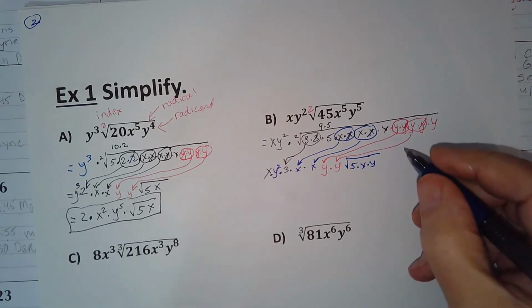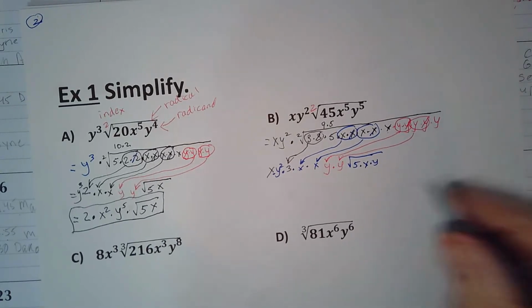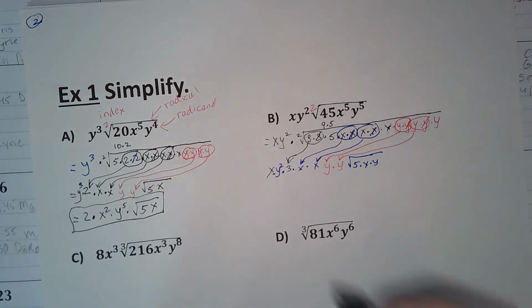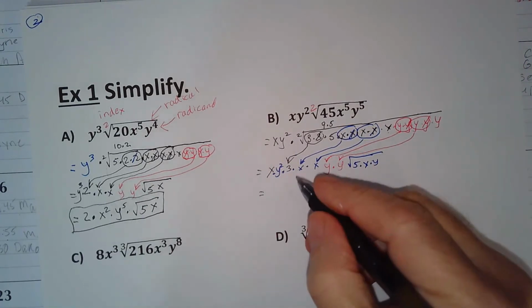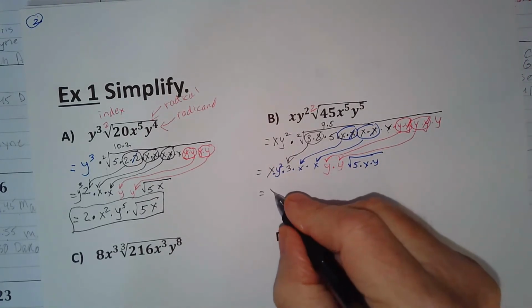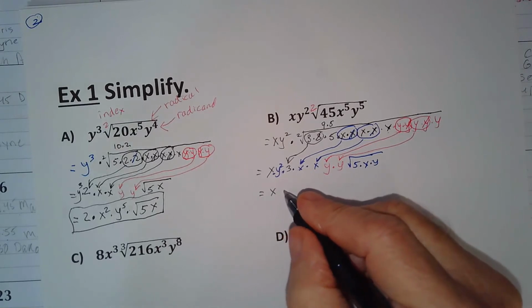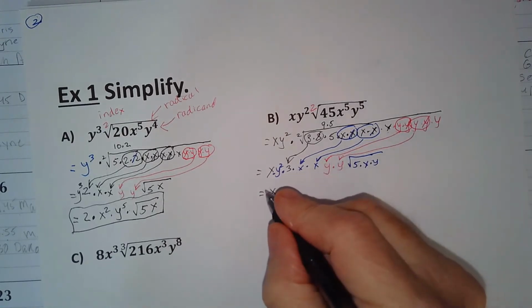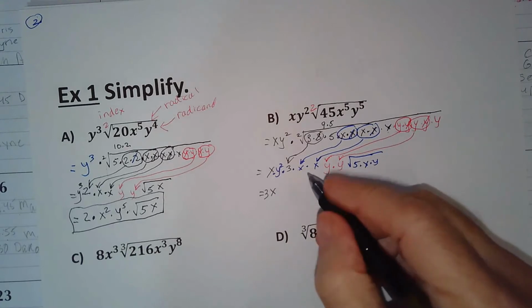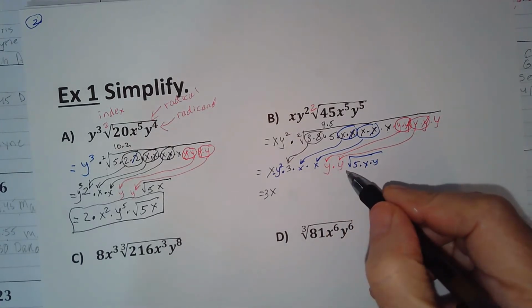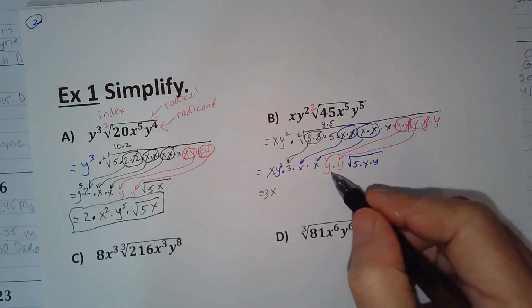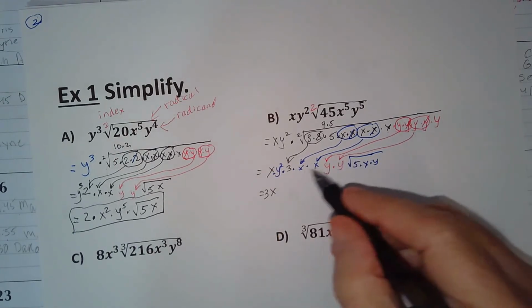Right? So let's clean this up. So I'm left with x to the 1. So x, oh, there's a 3, so I'm going to put the 3 in front. And then I have y squared here, and then I have 2 more y's. But let's look at the x's first. We have an x here, and then we have 2 more x's here.